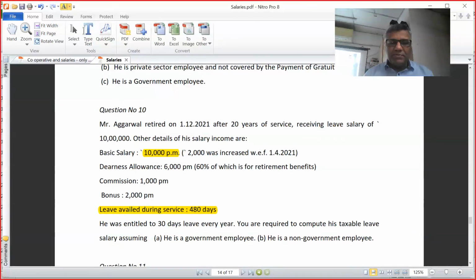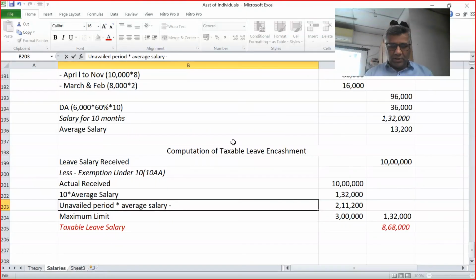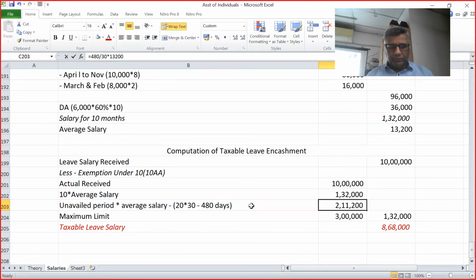How many years of service? 20 years. So 20 into 30 days minus 480 days.